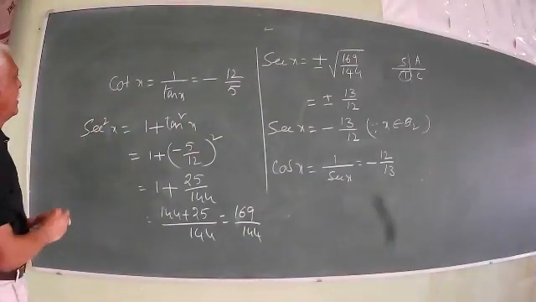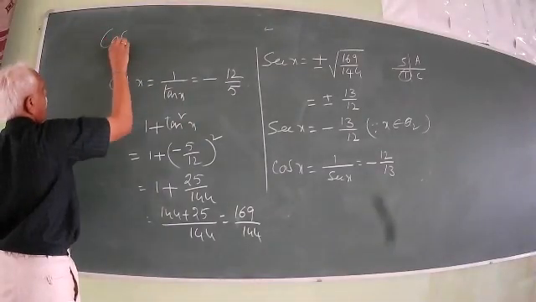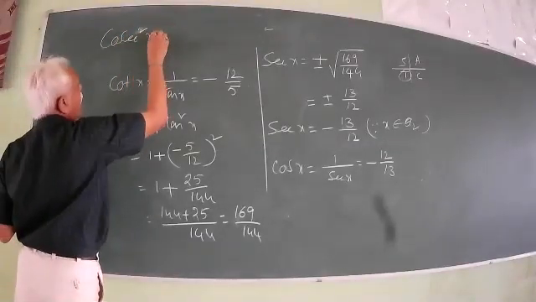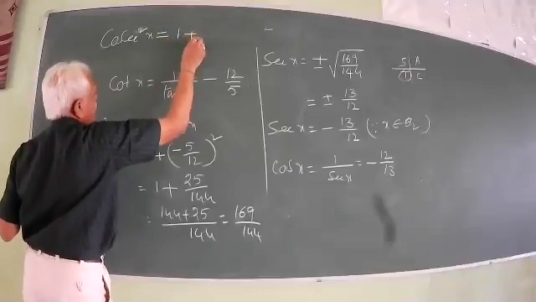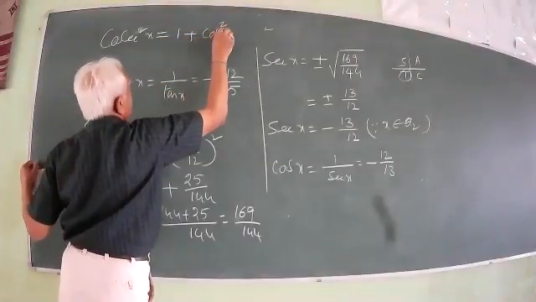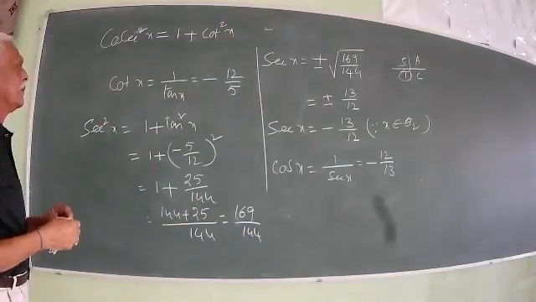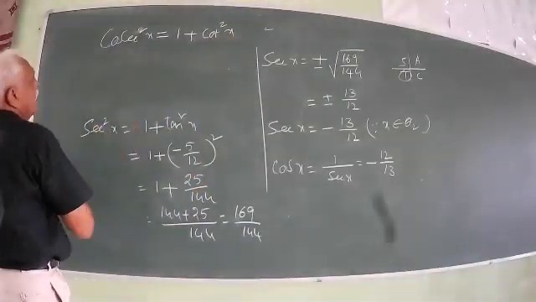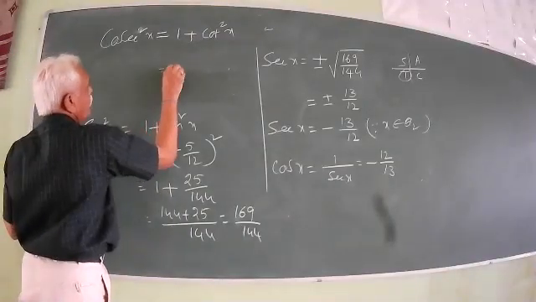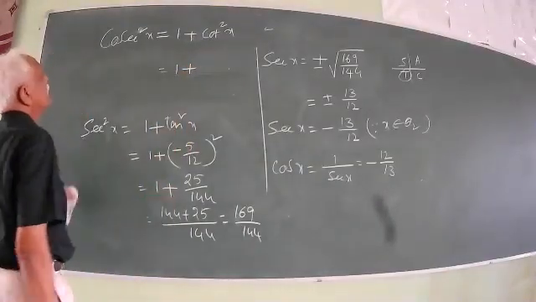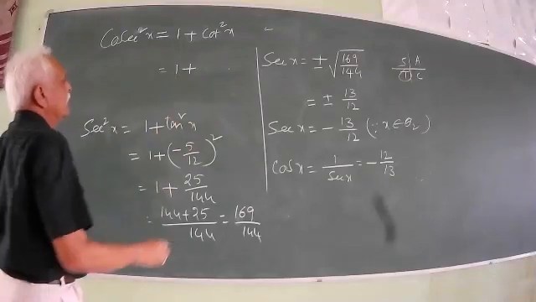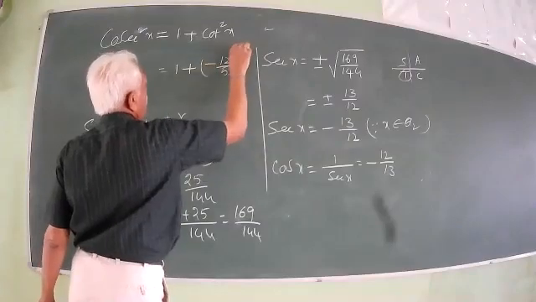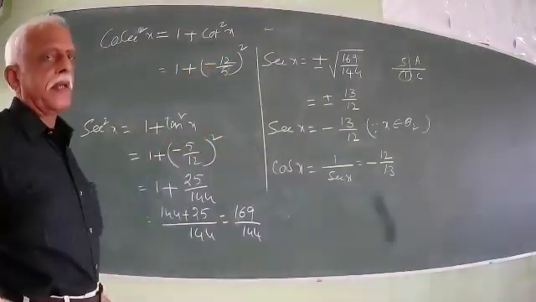Now, we have cosecant square x is equal to 1 plus cot square, which is equal to 1 plus minus 12 by 5 whole square.